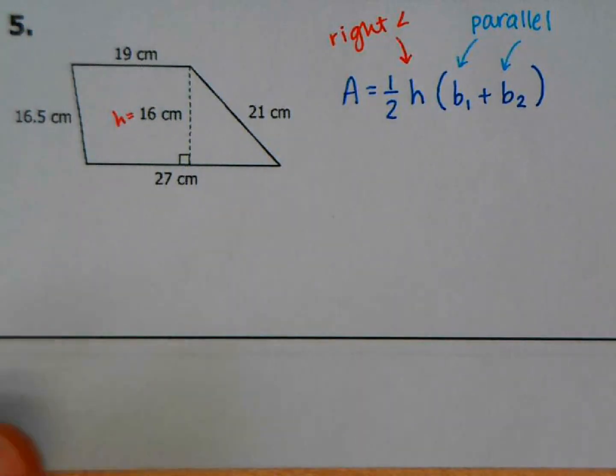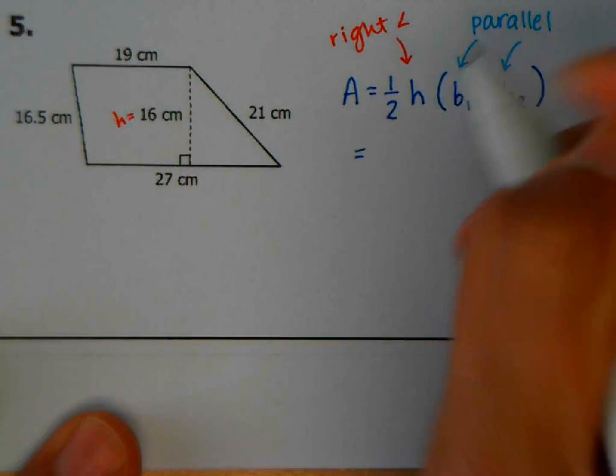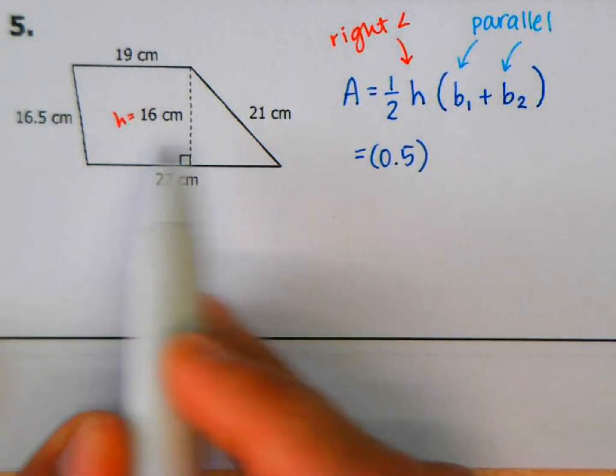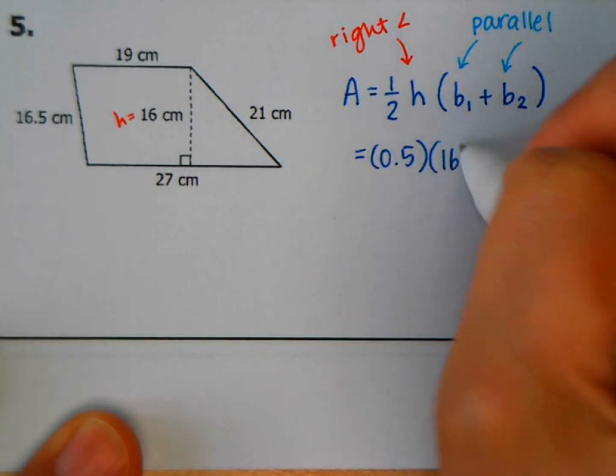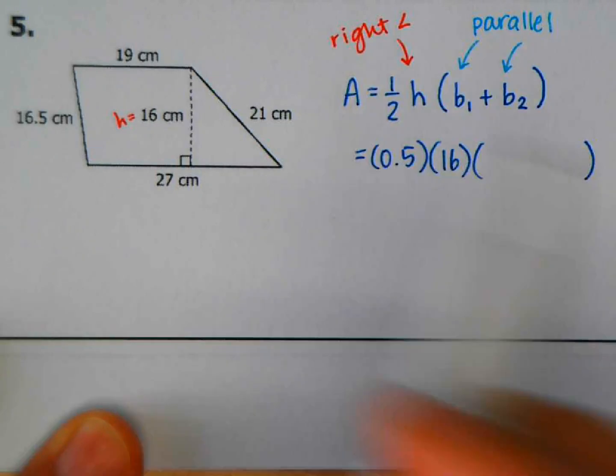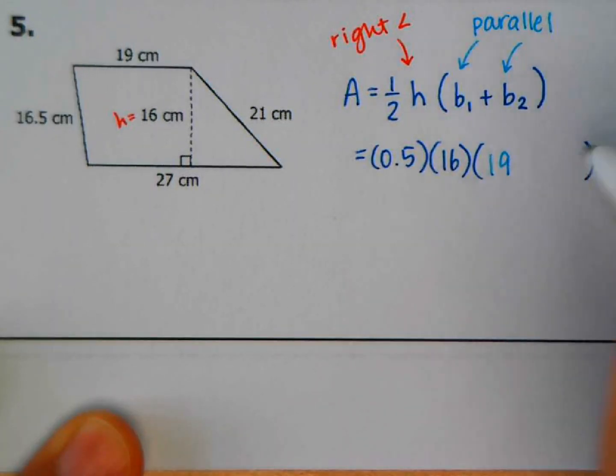So all together, here's what it looks like: 1/2, I'm going to convert that to 0.5, my height is 16, and B1 plus B2 is 19 plus 27.